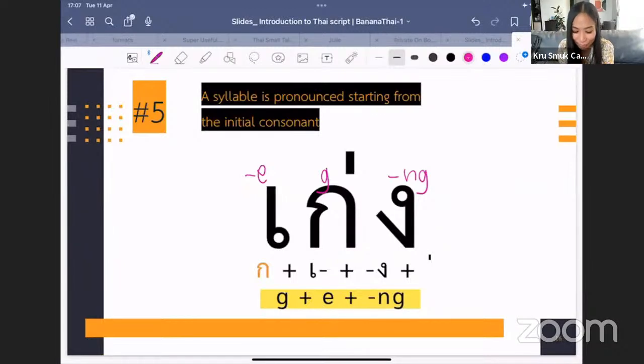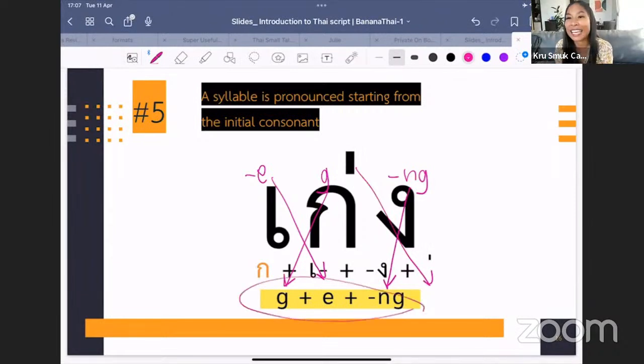You don't read it left to right like in English, starting from the first letter. Otherwise, that is not Thai. The way you read it is: start from the beginning consonant sound, gor gai, followed by the vowel sara a, the ending consonant ngor nguu, and then the tone. So this word without tone is pronounced gang.